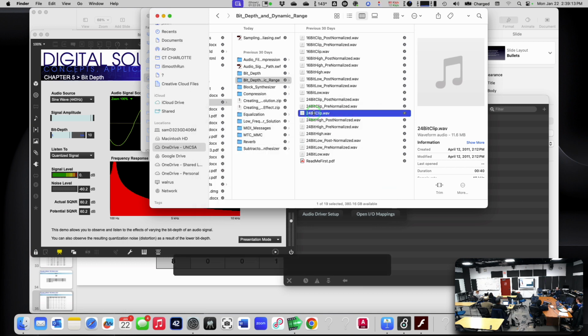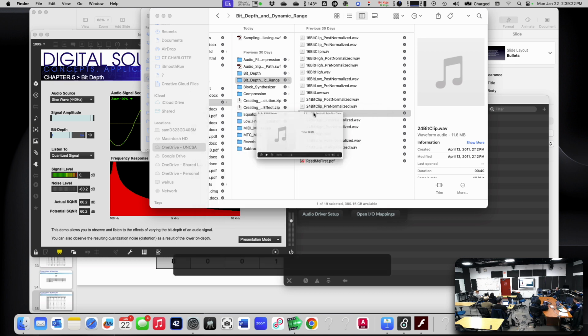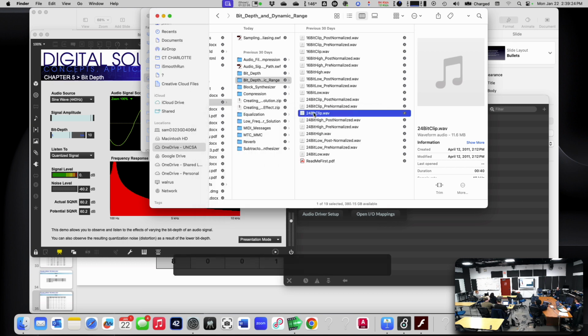Here's the 24-bit version, same mistake. So whether you're doing 24 bits or 16 bits, if you clip it, it's clipped. Maybe a hair better, but not really. Clipping is clipping. If you clip it, you're done.